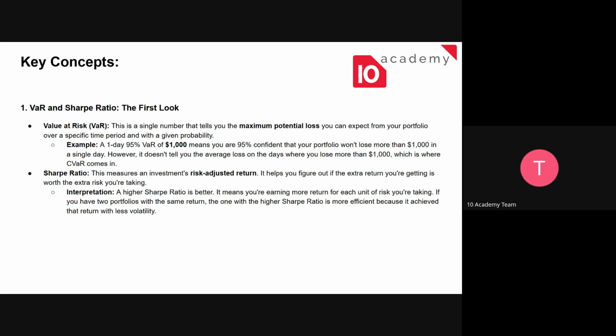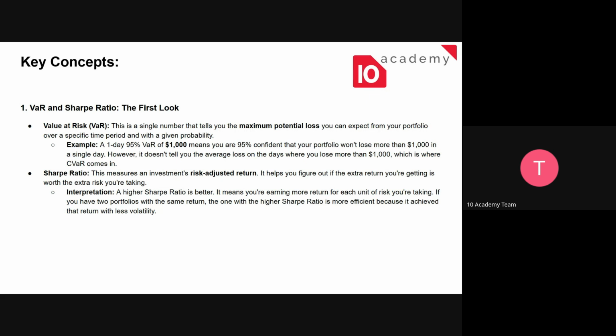So the Sharpe ratio will help us adjust that. If the Sharpe ratio shows we're taking more risk and having a lower return for that specific risk, then it's not worth it. So we can leave that risk, and we will try to minimize it. So a higher Sharpe ratio is better.